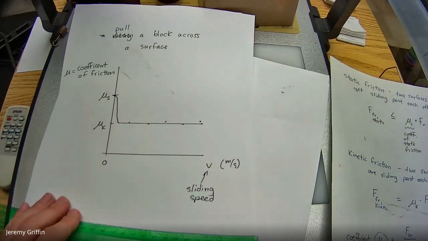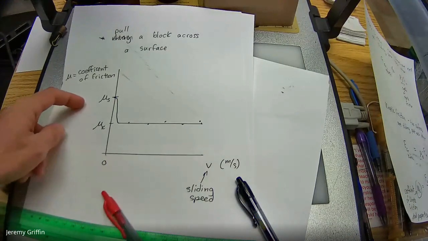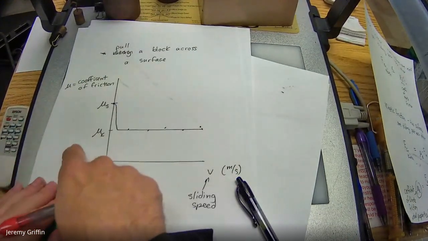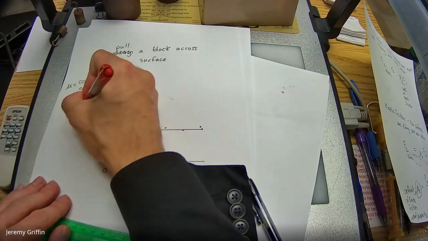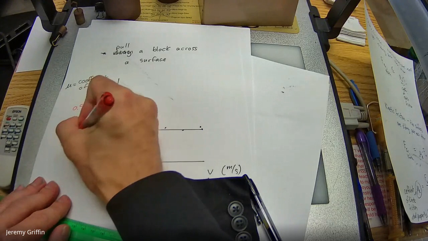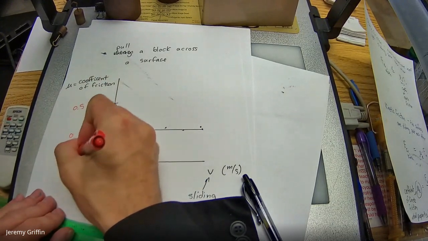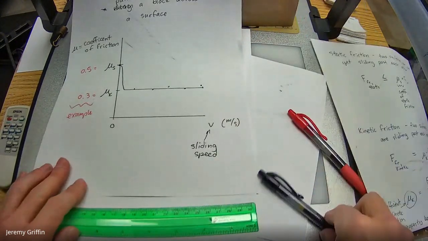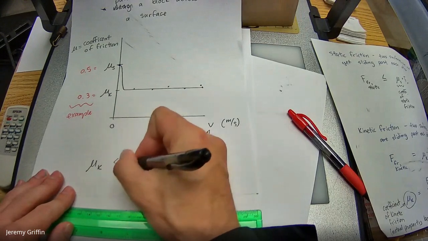My example numbers were maybe, remember it took like 5 newtons to move that 10 newton weight originally, but only 3 newtons to keep it in motion. So this might be like, for example, 0.5, and this might be 0.3. These are just example numbers. But the takeaway relationship is that the coefficient of kinetic friction is less than the coefficient of static friction.